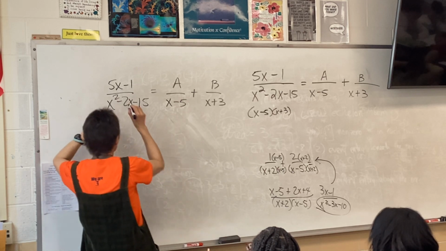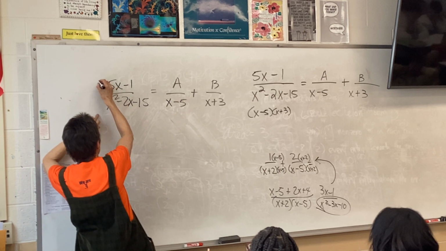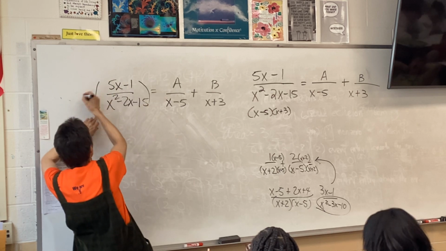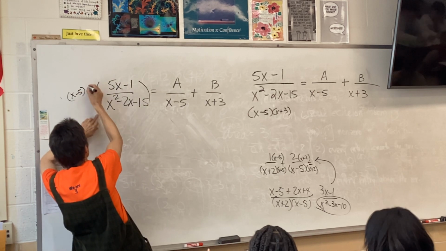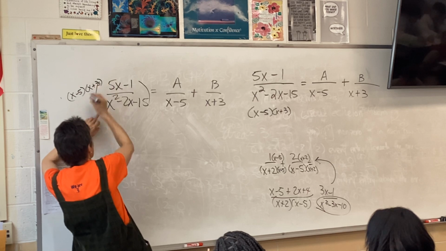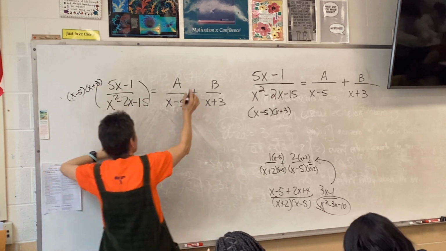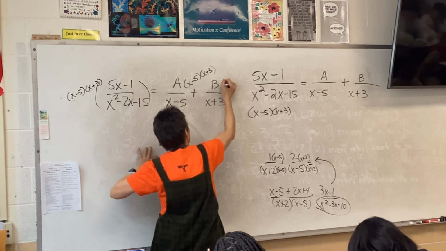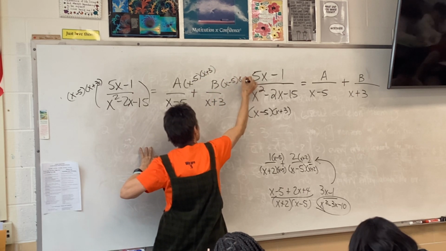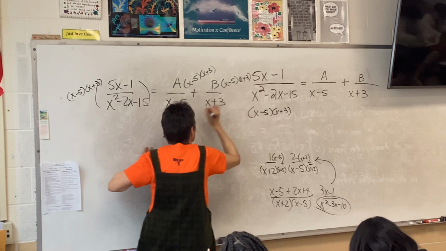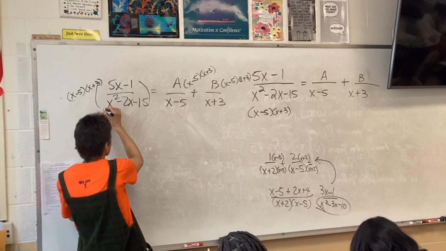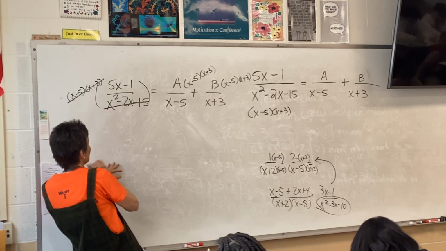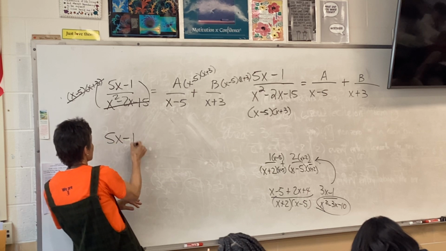So I'm going to multiply everything by x minus 5 and x plus 3. I'm going to get rid of the denominators. So x minus 5, x plus 3, x minus 5, x plus 3. Because what will happen is, that is completely gone, and leaves me with just my numerator.